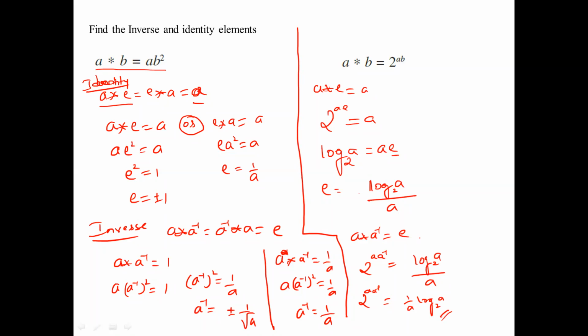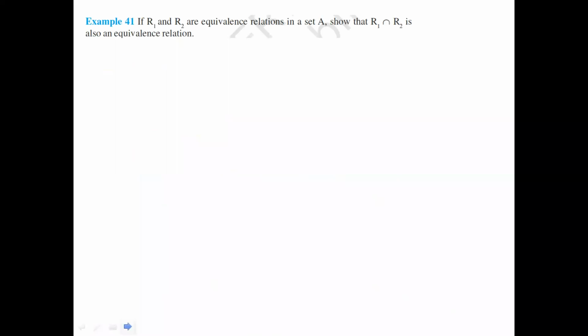Okay, move to the next slide. See, the next one is: R1 and R2 are equivalence relations in a set A, show that R1 intersection R2 is also an equivalence relation.